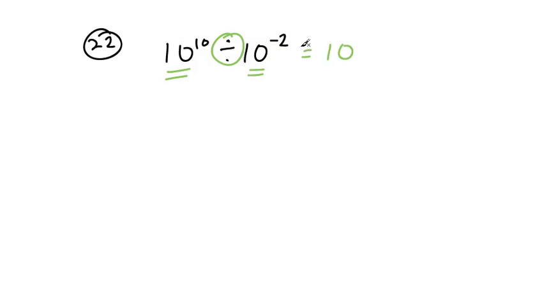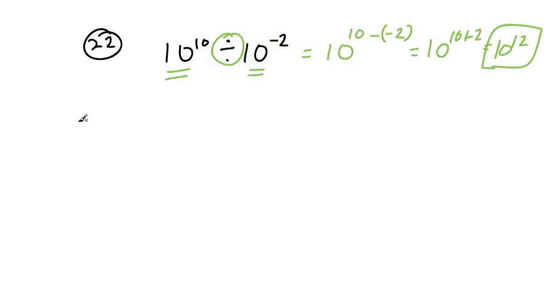So division law says that we subtract the exponents. And so we have 10 subtract negative 2. Now subtracting negative actually turns into a plus. So we have 10 to the 10 plus 2, which equals 10 to the 12th power. 10 to the 12th power is our answer. And that's an option right there.